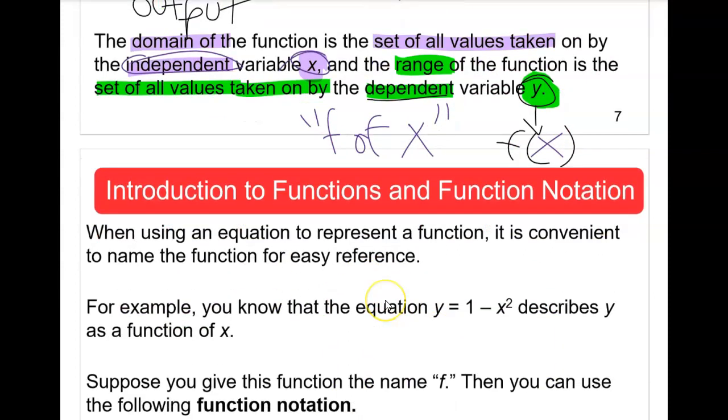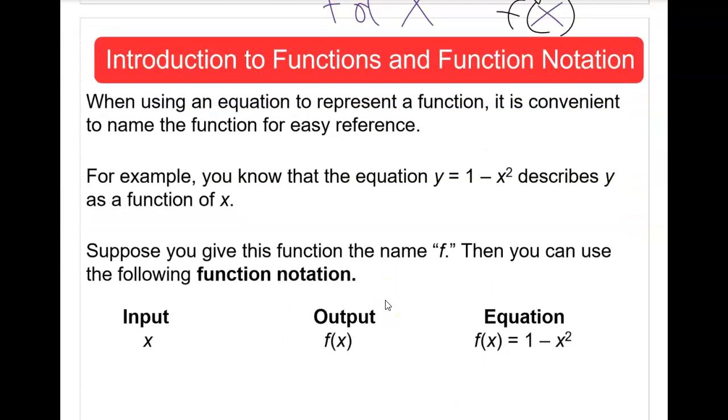So moving to the next slide, now we're going to introduce function notation, which is the f of x that I was talking about. So we have the equation here, y equals 1 minus x squared, and it describes y as a function of x.